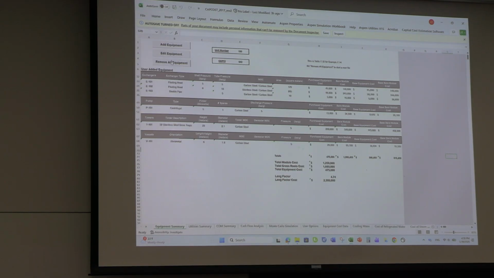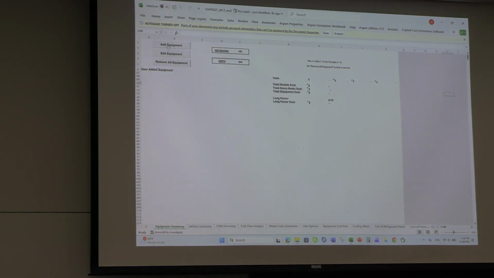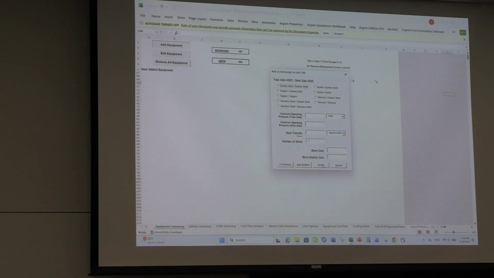remove all equipment. Add equipment. Heat exchanger. Next, shell and tube. Floating head. Next, 20, 21. Finish.